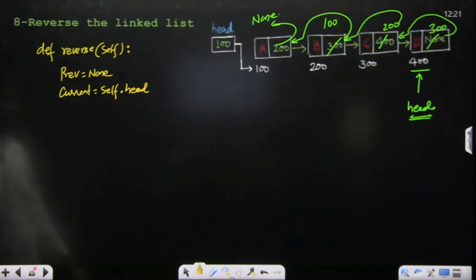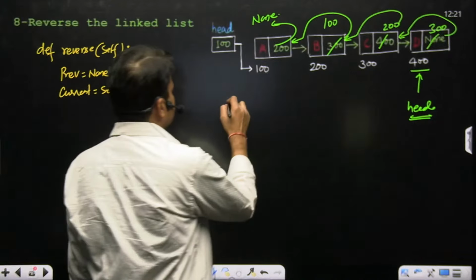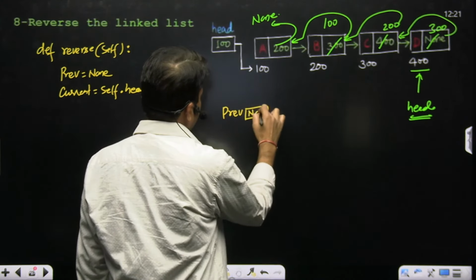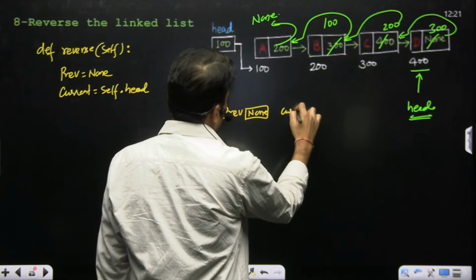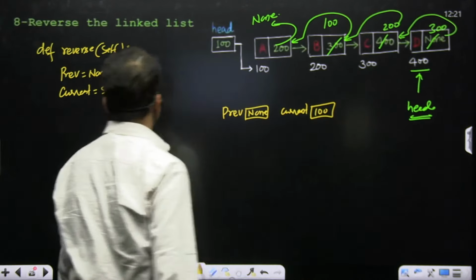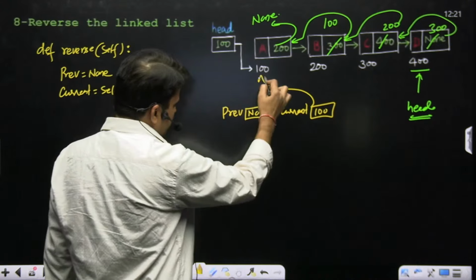Then what will happen? Initially, sir, previous equals to none. And one more pointer, current equals to self dot head means what, sir? 100. So this one is pointing to this one.